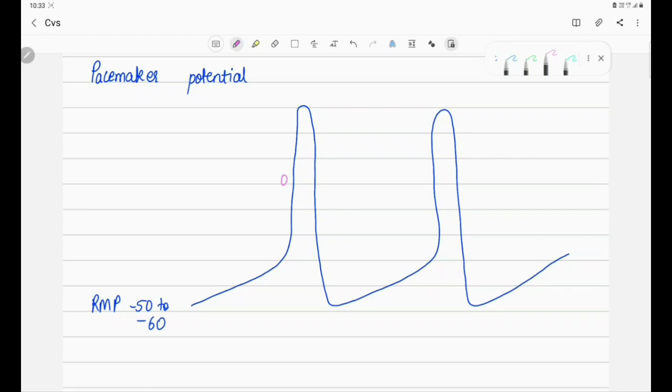Again, here are the phases 0, 3 and 4 corresponding to the phases of the plateau potential. Phase 0 is the depolarization phase, phase 3 is the repolarization phase, and phase 4 is not hyperpolarization but a prepotential phase.